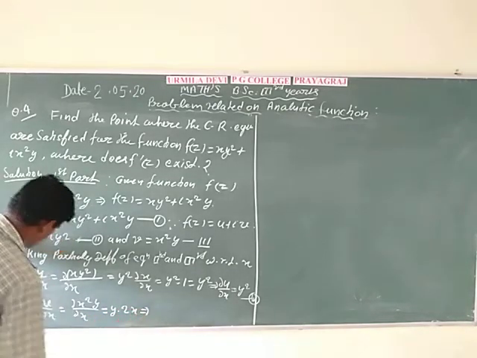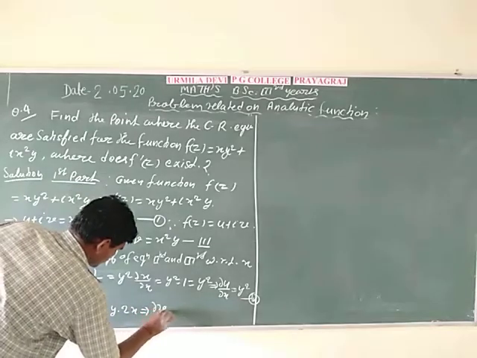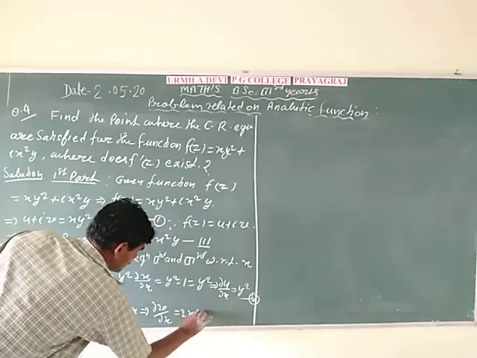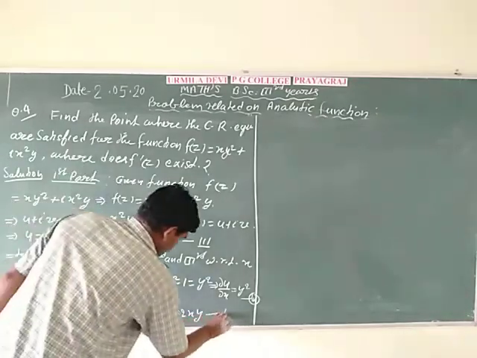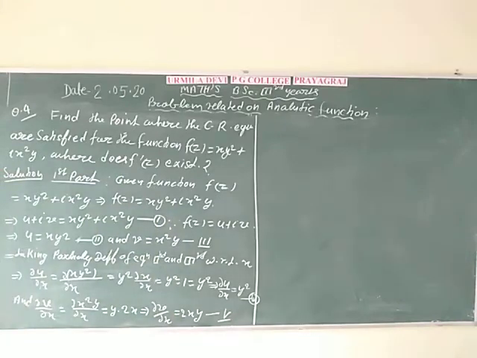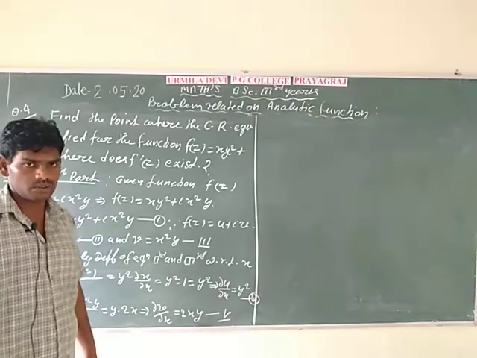It implies that ∂v/∂x = 2xy, which is equation 5. So equation 4 gives ∂u/∂x = y², and equation 5 gives ∂v/∂x = 2xy.